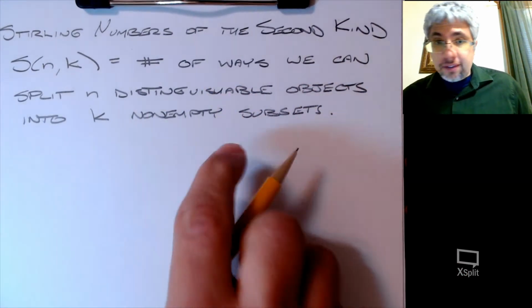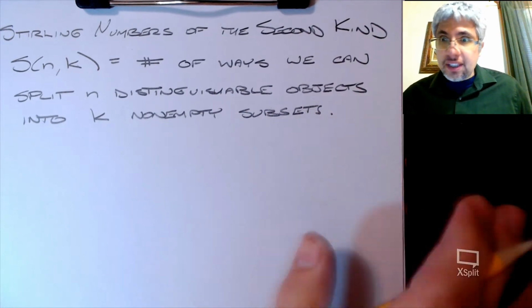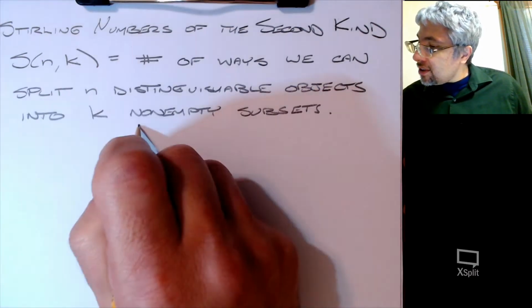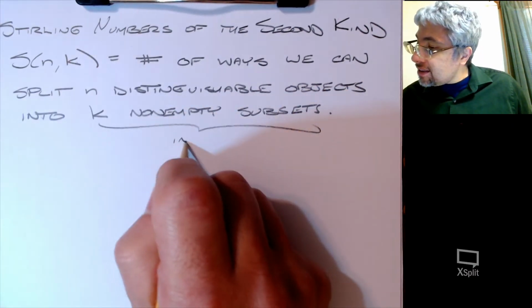And these are not distinguishable subsets. They're just k subsets, not subset 1, subset 2. These k subsets are, let's say, indistinguishable.